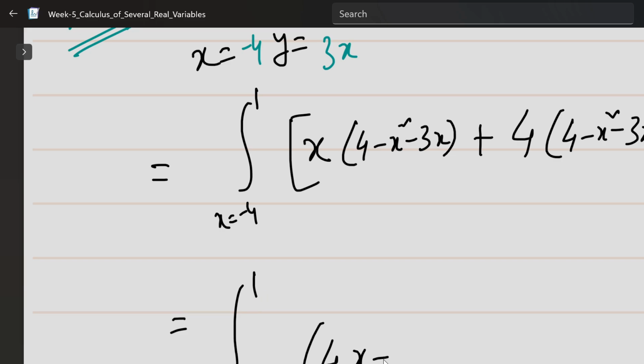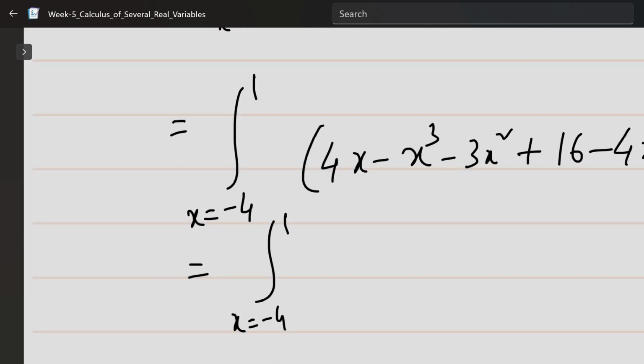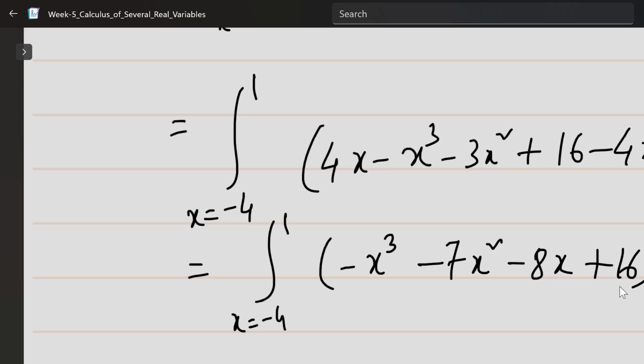It is 4x, I just multiplied, plus 16 minus 4x square minus 12x. So x is from minus 4 to 1. It is minus x cube minus 7x square minus 8x plus 16, right?